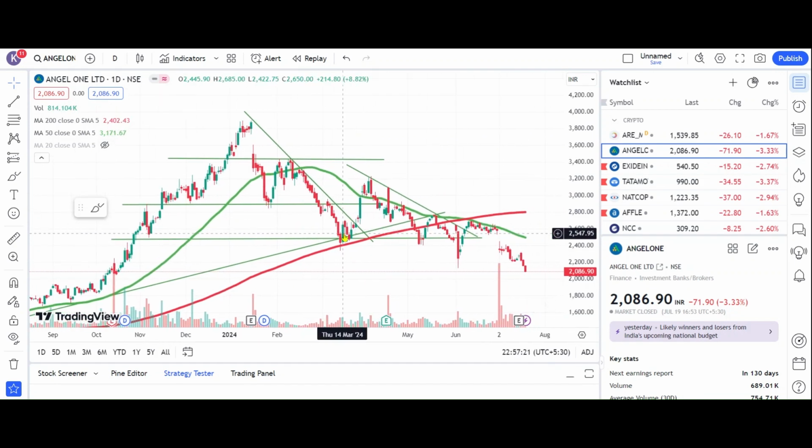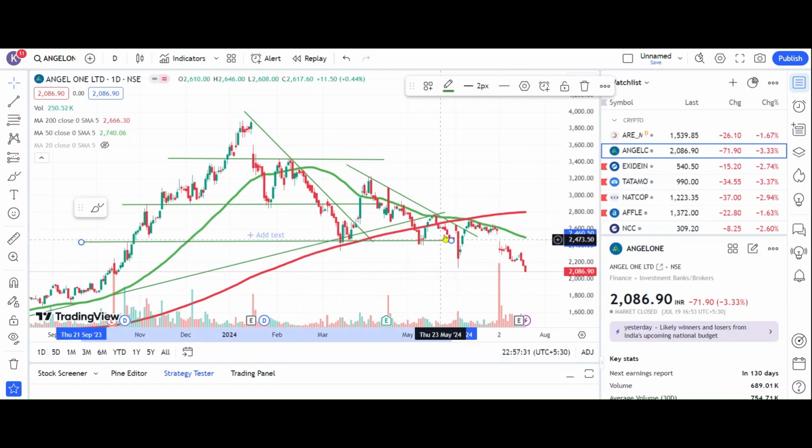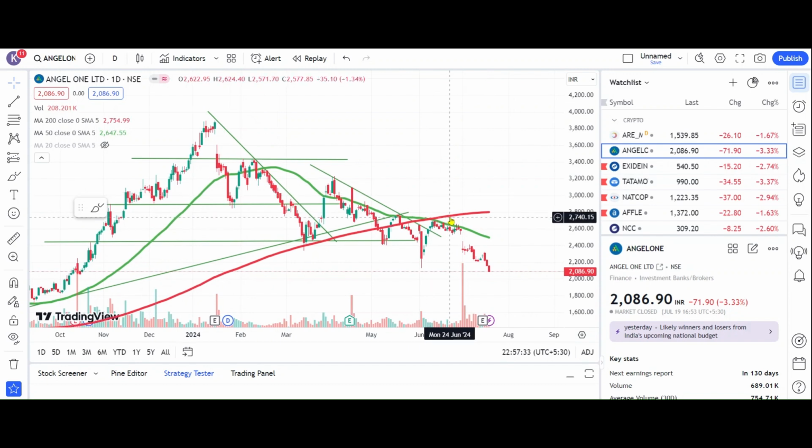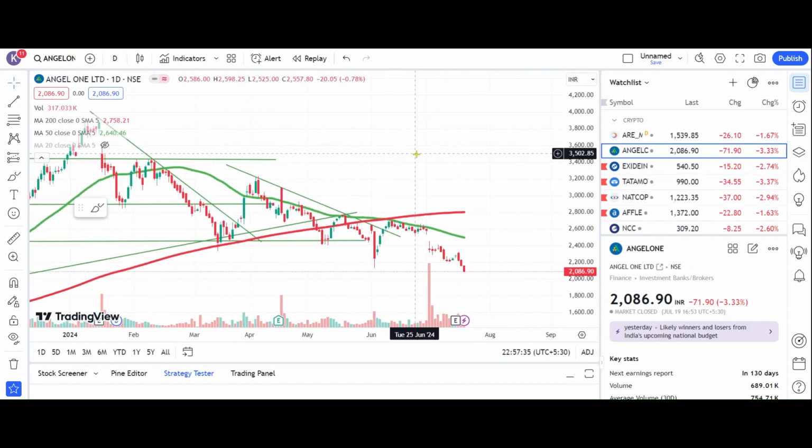And to make it even worse, it has again not taken support and gone up. Rather, it has again cut the red line, that is the 200-day moving average, and it has gone even further down till here.